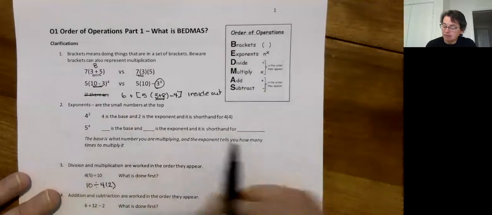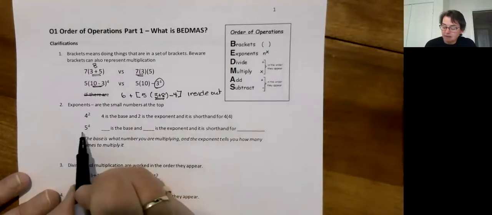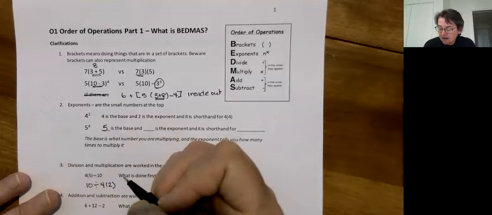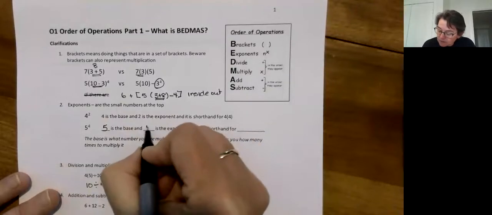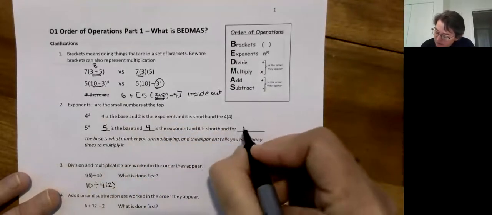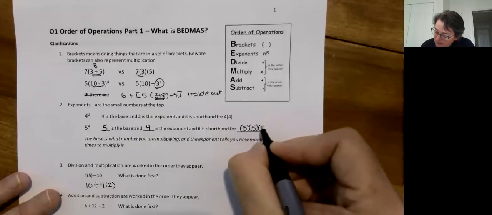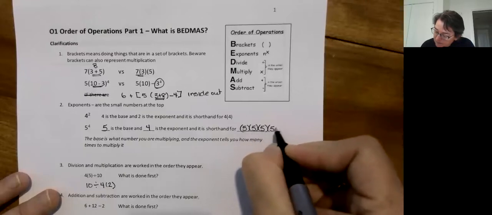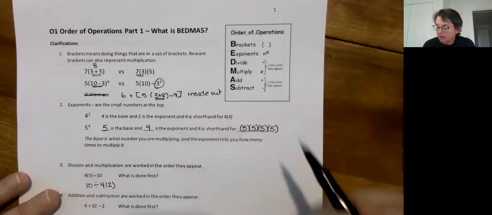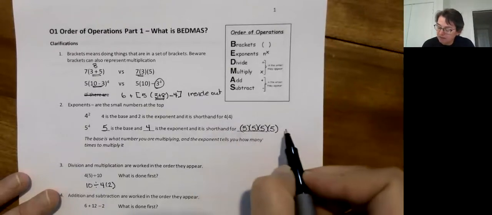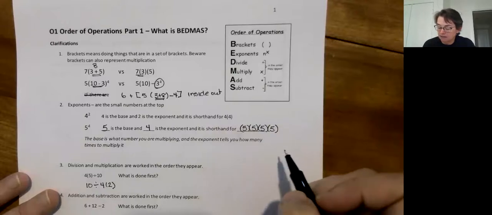So if we look at this one, 5 to the 4th power, that means 5 is the base, 4 is the exponent, and it's shorthand for going 5 times 5 times 5. Now I just noticed here I didn't have brackets on the first one, here I do. It doesn't make any difference. And then if you needed to, you could work out what that answer was.